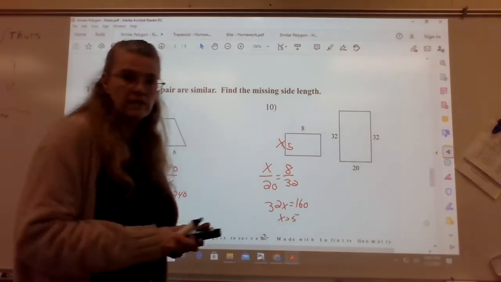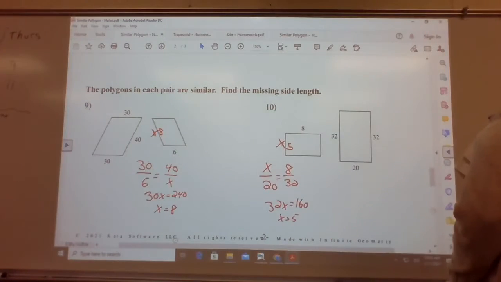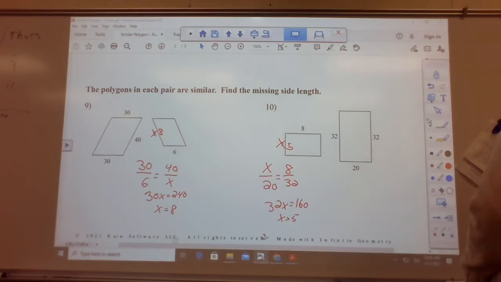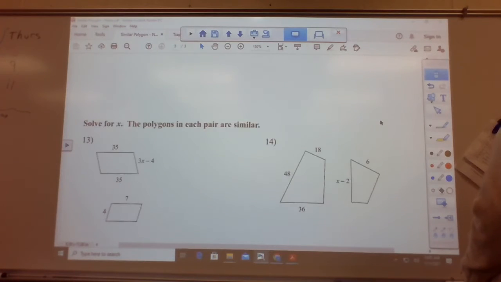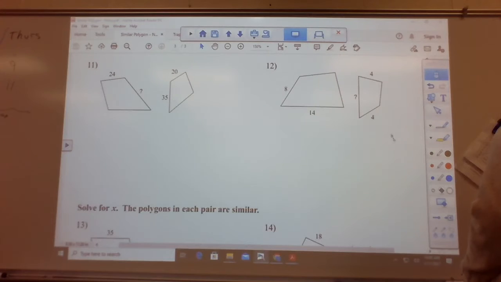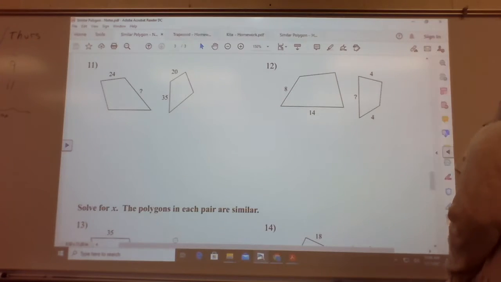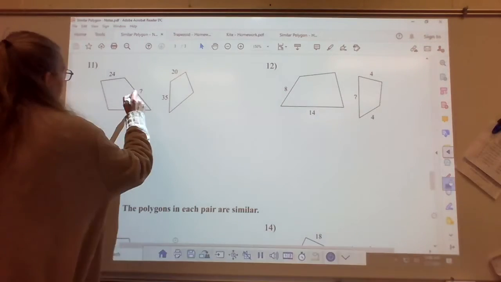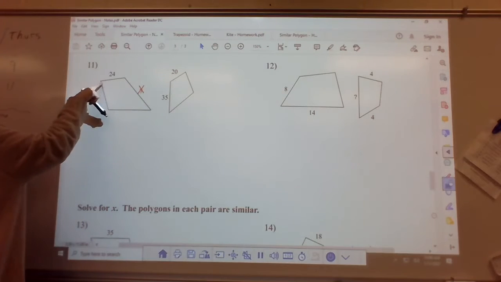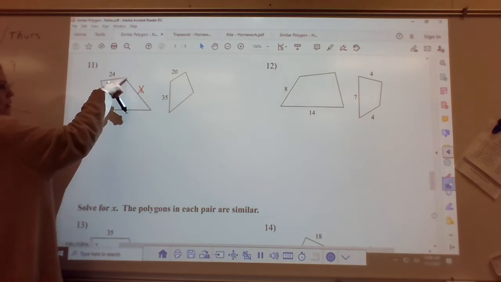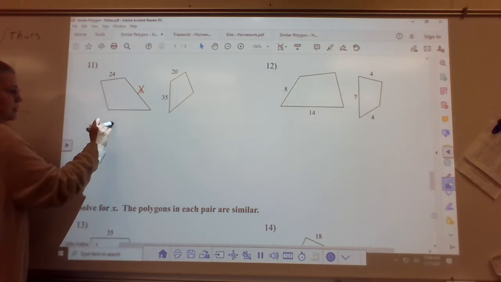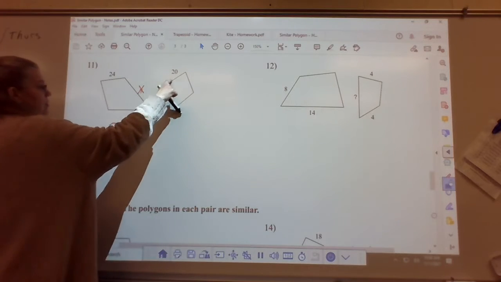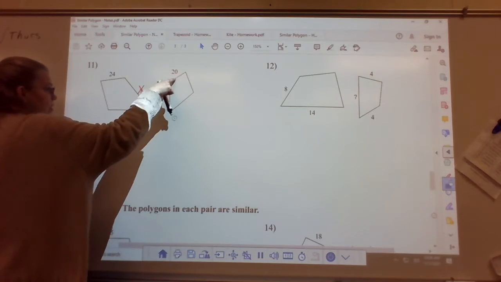Now I've got 2 more like this. So next 2. Here's my x. 24 looks smaller than the x. When I look at this shape, 20 is smaller than 35.